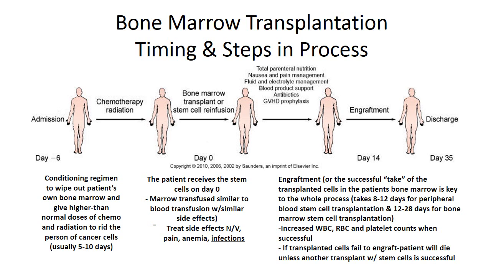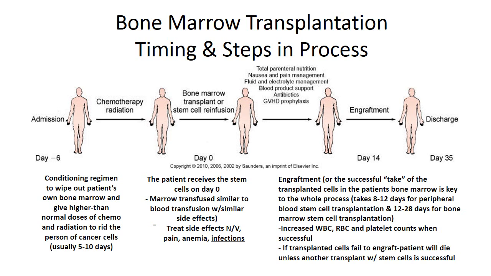During this time, they undergo a conditioning regimen in which we wipe out the body's own bone marrow and give it higher than normal doses of chemo and radiation to rid that person of all the cancer cells. So during those initial 5 to 10 days, that chemo and radiation wipes out the body's own infected bone marrow. Then around day 0, after all of the leukemic cells have been wiped out, the patient receives the stem cells.